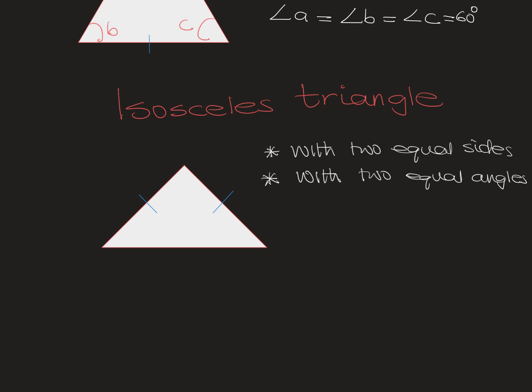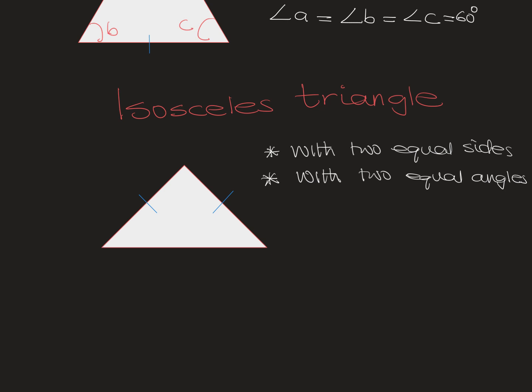So as you can see, we have a triangle here and we have two lines on it. It means that two of its sides are equal. This side is equal to this side, but you have an unequal side, which is this side.